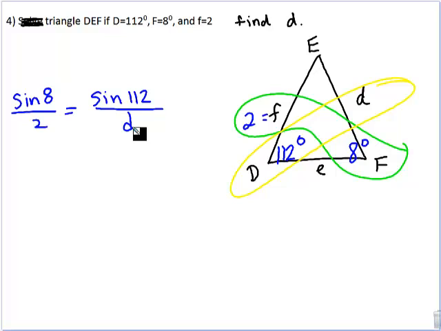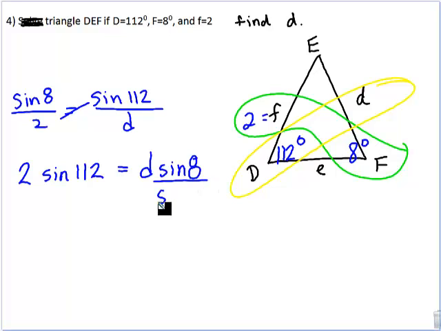So how are we going to solve this? Okay, 2 times the sine of 112 is equal to D times the sine of 8. And then divide by the sine of 8.